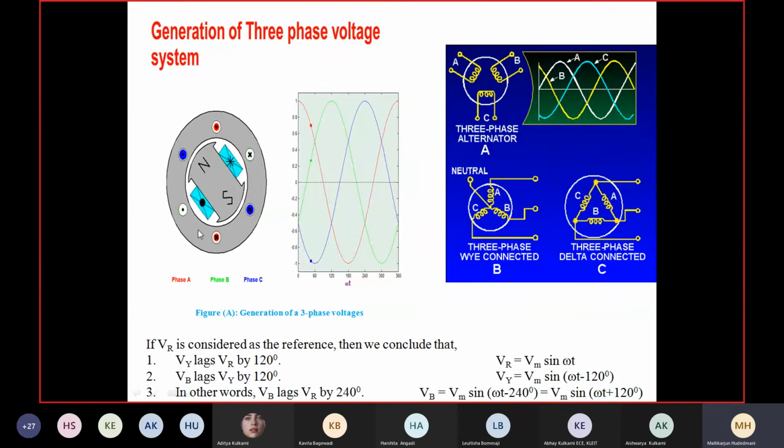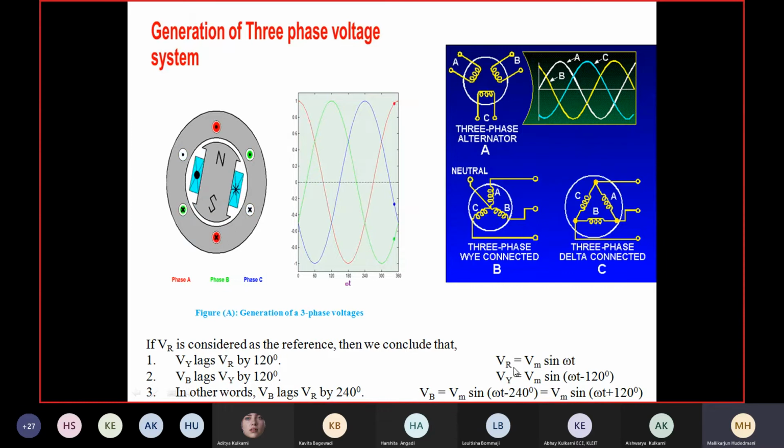Okay, it is connected, and EMF is induced in the conductor due to the change in flux linked with the magnetic field and conductor. That induced EMF is taken outward to the terminals, and is given by VR. If I take R group as reference, VY, the second group, is 120 degrees lagging, and VB is again 120 degrees lagging the second group.